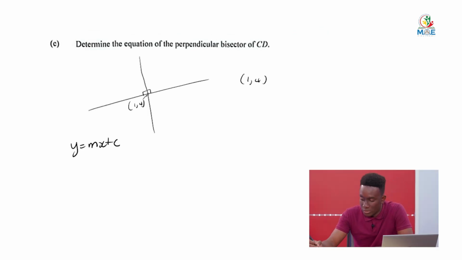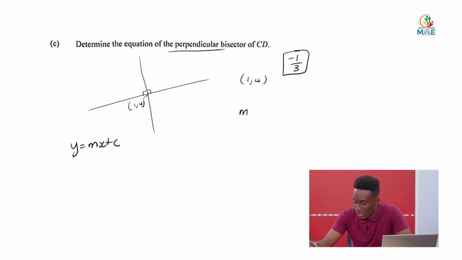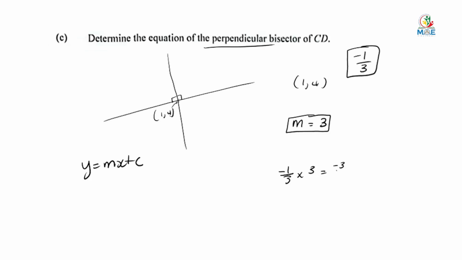So first of all, do we know the gradient? We know the gradient of the other line is -1 over 3. Since this line is perpendicular, its gradient would be the negative reciprocal of this. This is -1 over 3, so this would be +3, because if we multiply -1 over 3 by +3, we end up with -3 over 3, which equals -1.